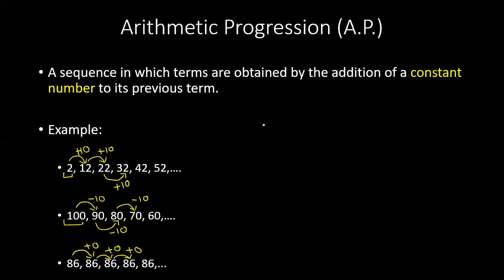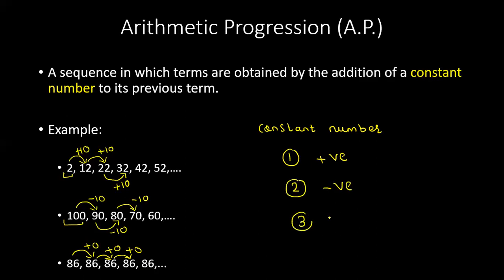So therefore, our constant number can be either positive, as we saw in the first example, or it can be negative, or it can be 0. So there are some notes for you guys.